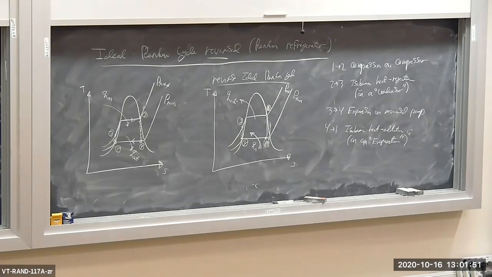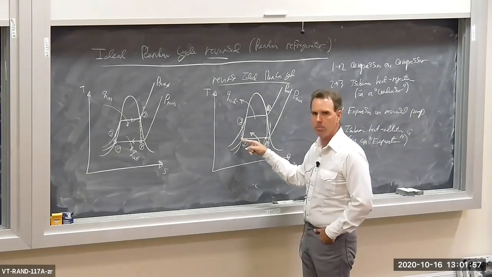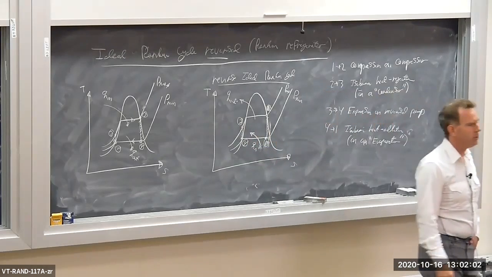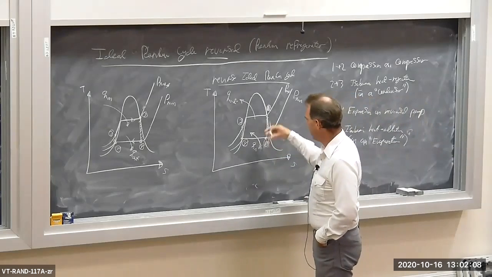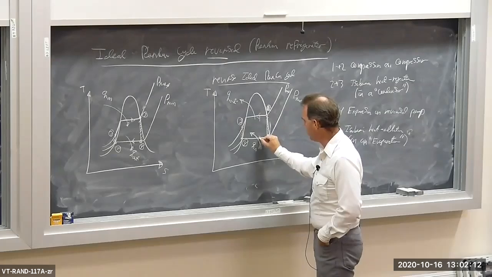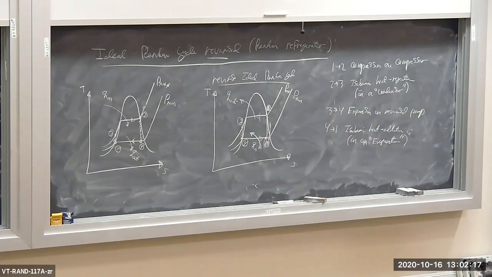It was extremely small. So the amount of work that we get back by expanding the fluid through this reverse pump is very small compared to the work required to drive the compressor, the compression process from 1 to 2. Okay? So this cycle is going in this direction. It's going counterclockwise, reverse direction of the Rankine cycle. Okay?